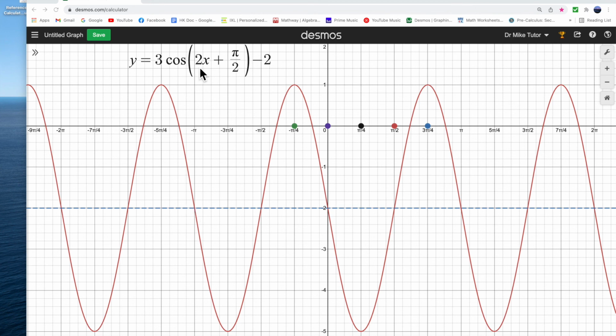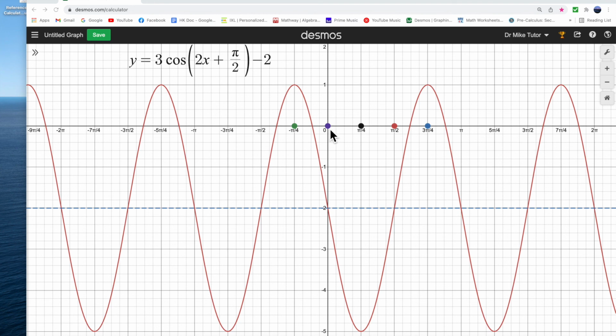We're then going to use this coefficient, the 2, to establish our period. When you divide 2π by 2, you get π. So our transformed graph is going to have a period of π. We next use what's inside the parentheses to establish our starting point, which is -π/4, and our ending point.